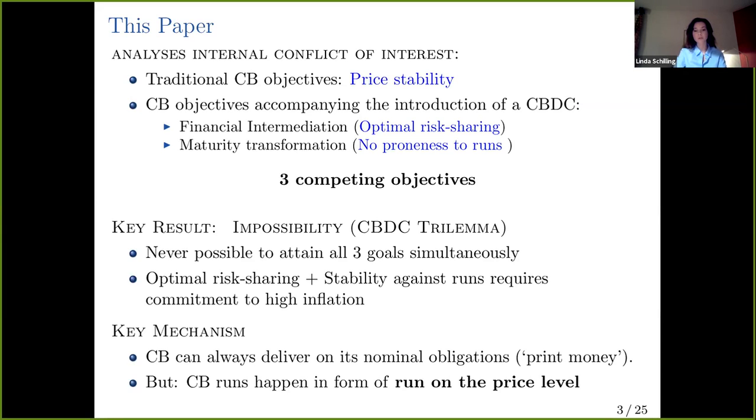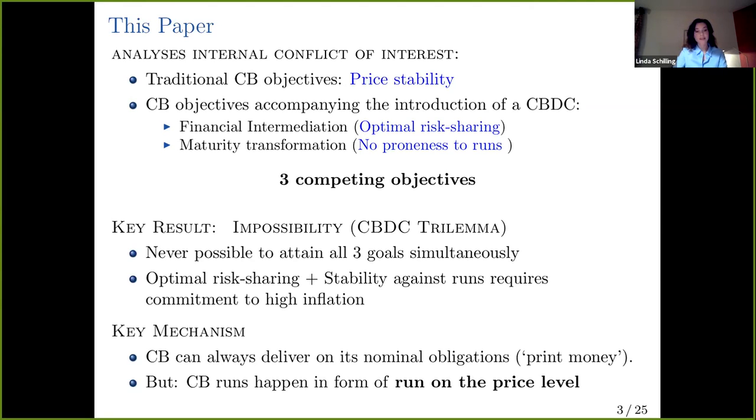And so I'm going to walk you now through a sequence of three results that altogether make up this impossibility result. But let me mention that the main result of the paper is that a central bank can always offer the optimal amount of risk sharing and deter runs on the central bank, but only by credibly giving up the goal of price stability. This is interesting because in the Diamond and Dybvig 1983 framework, we have learned that in order to optimally provide risk sharing to agents, banks have to be fragile.